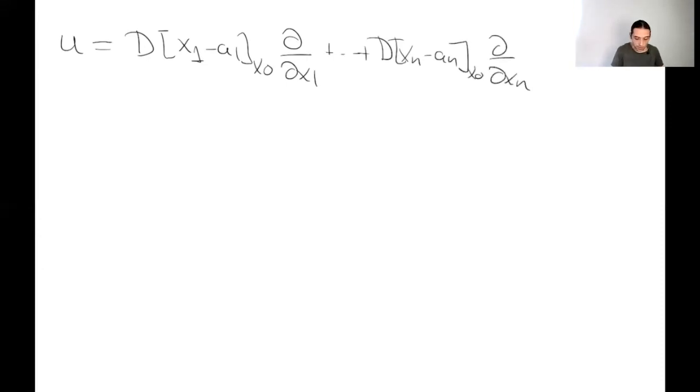And it's obvious that the derivation induced by u and d have the same value over the germs of the functions xi minus ai. So we just need to show the observation. Okay, let's go with that.